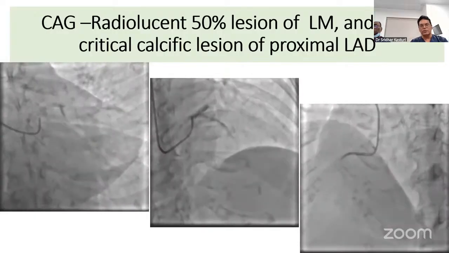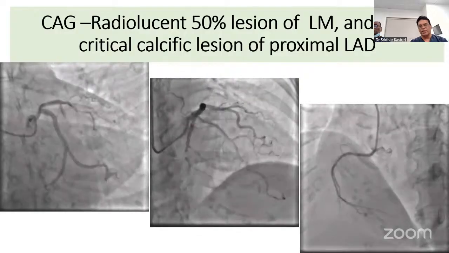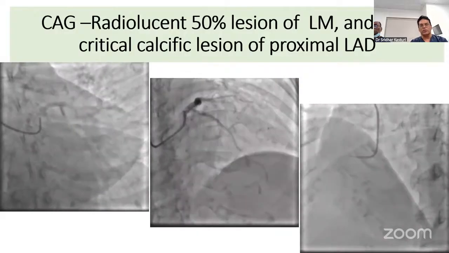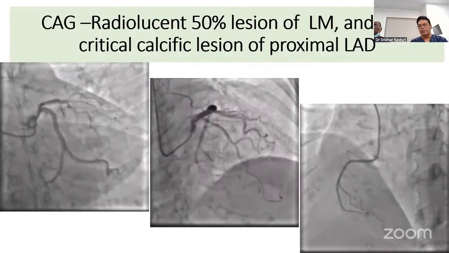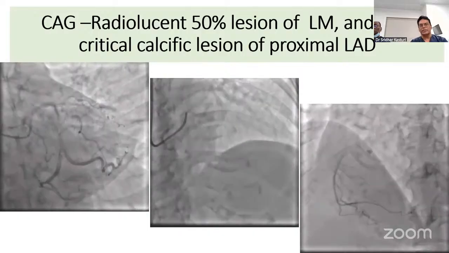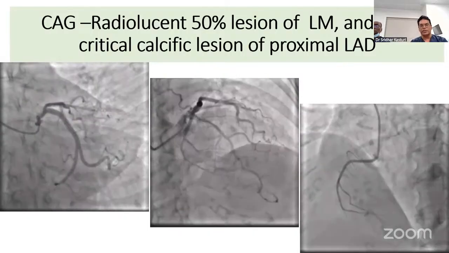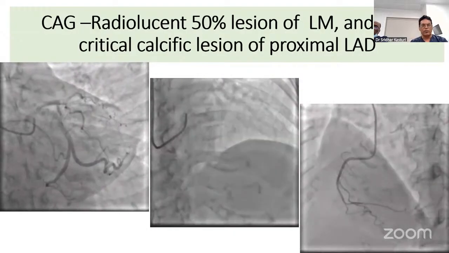The ostium is relatively disease-free and dominant. The right coronary is non-dominant and the LCX is dominant. So our plan is to go ahead with provisional stenting from left main to LAD, because the LCX is a big one and the ostium is disease-free.